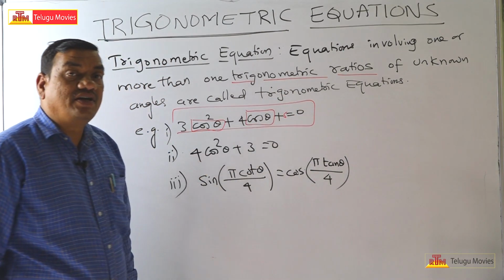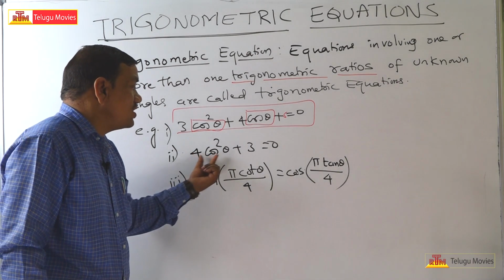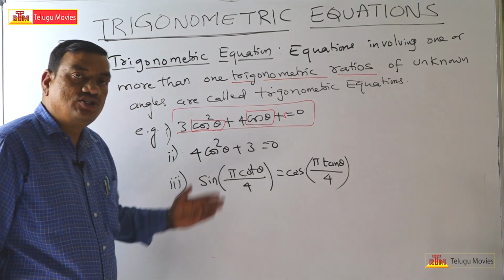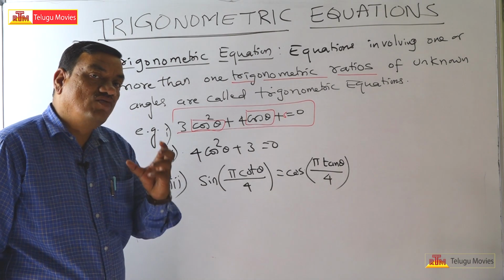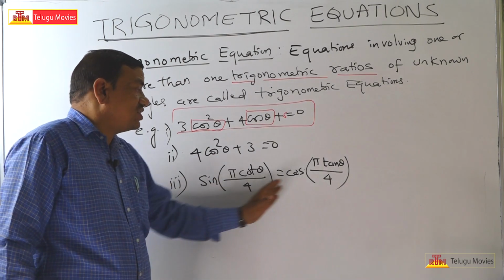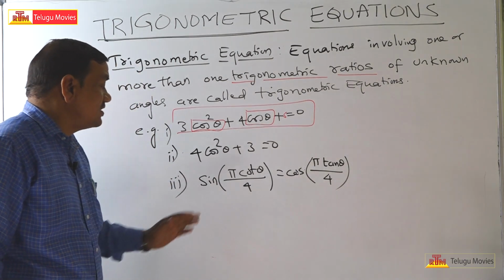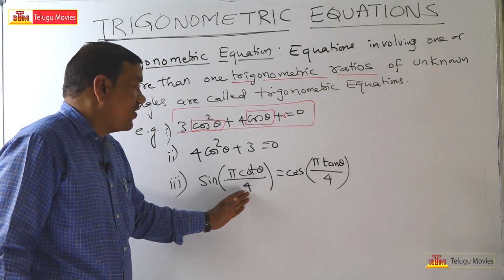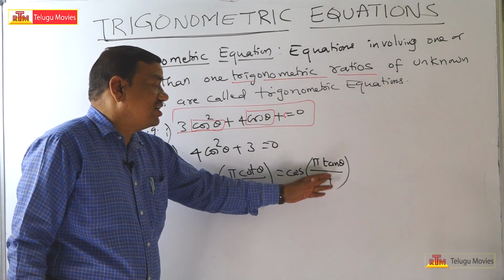Another equation is 4 cos square theta plus 3, which is also a trigonometric ratio involving cos theta. And take the third one, sin of pi cot theta by 4 is equal to cos of pi tan theta by 4.